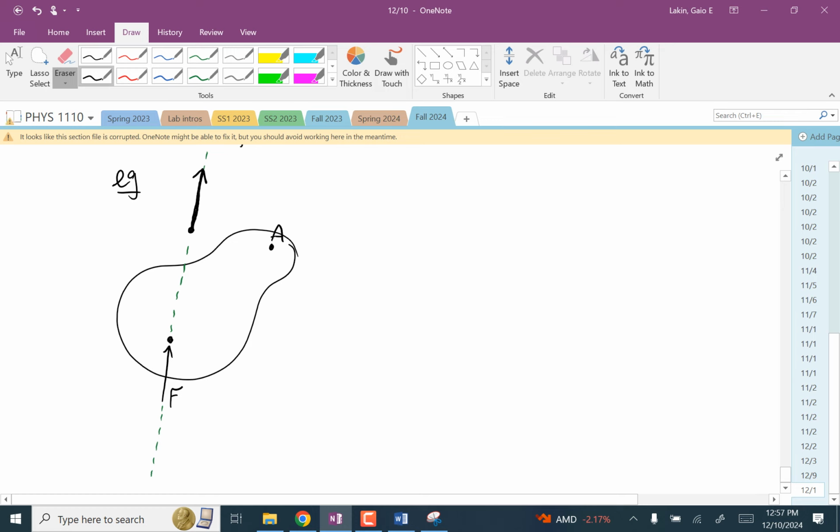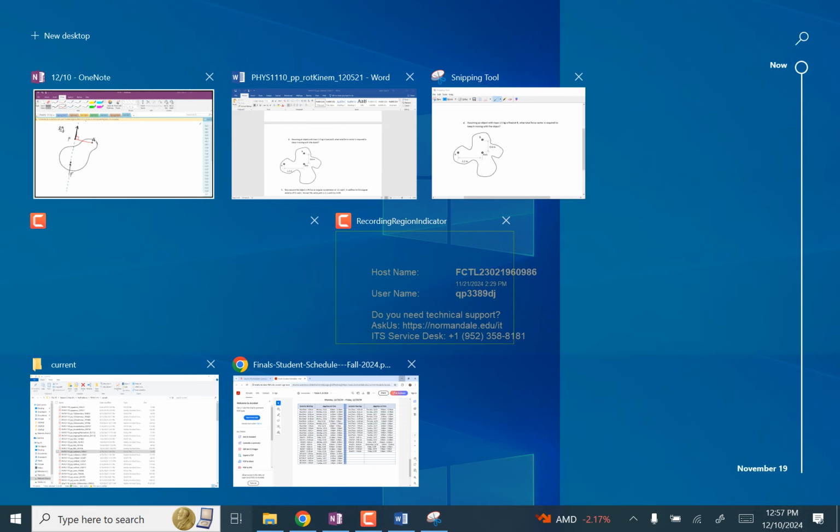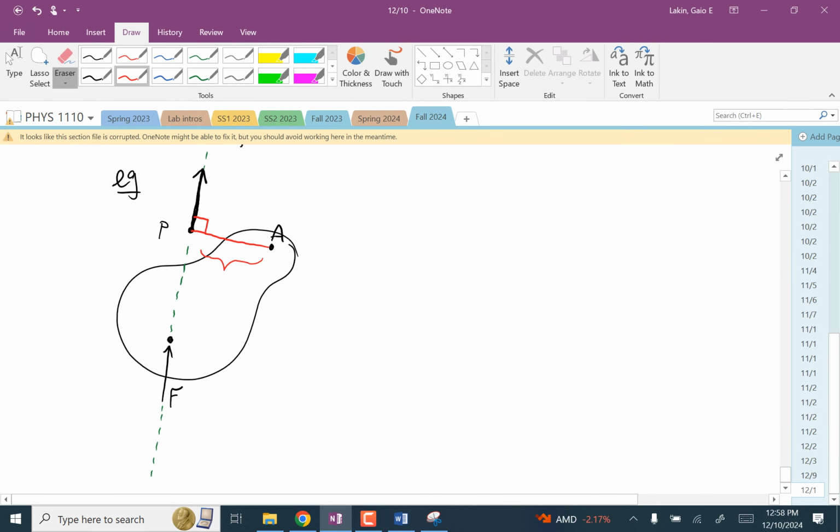And now this is our new point P. If you draw a line from A to P, now these are perpendicular. And now the length of this red line is the D that you use in the calculations.